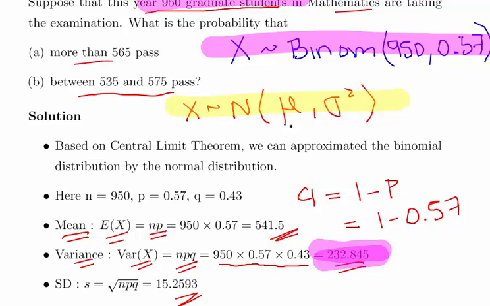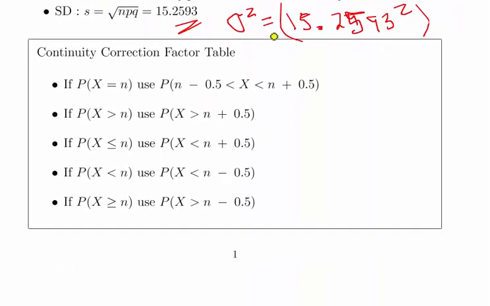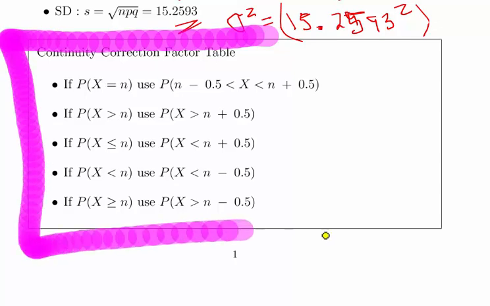I don't really have space there, but fill that out a little bit. Because we're going to be using 15.2593 in our calculations, we can just express it like that rather than 232.845, because we'll be using 15.2593 very soon.